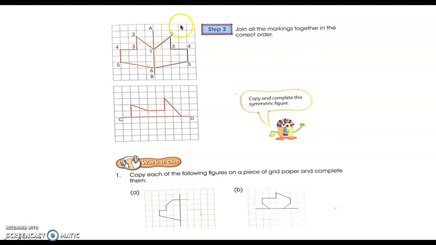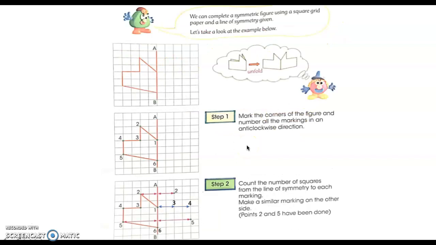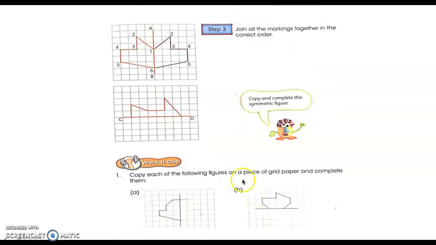That means from 1 to 2, from 2 to 3, 3 to 4, 4 to 5, and then 5 to 6. Now see, this is the one. Look, this is the one. When you complete it, the symmetric figure is completed.